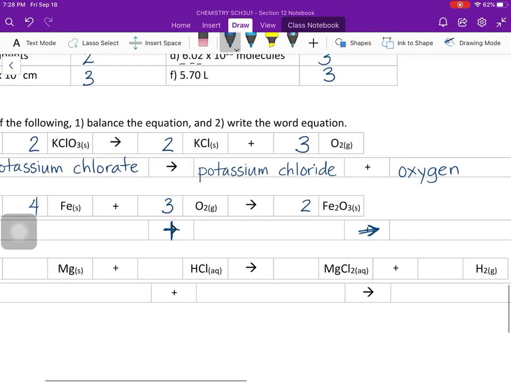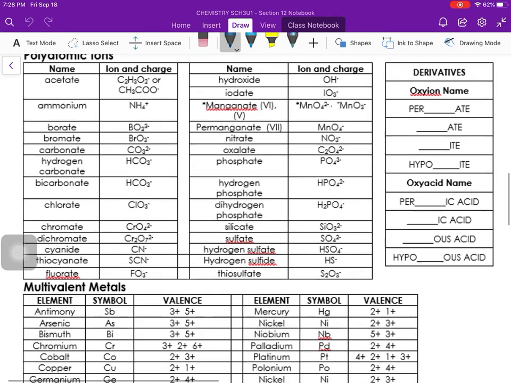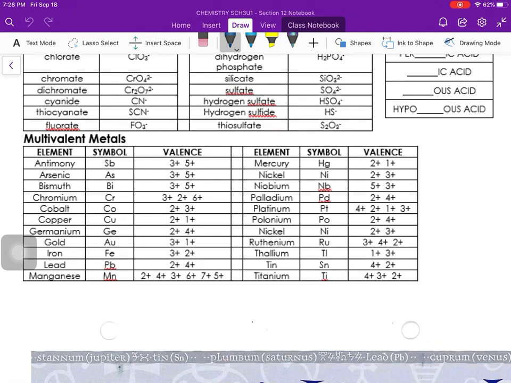Okay, so we have iron reacting with oxygen to produce iron oxide. Now, iron, if you recall from last year, is something called a multivalent ion. And so if we look back to that periodic table, multivalent metals are part of our best friends.